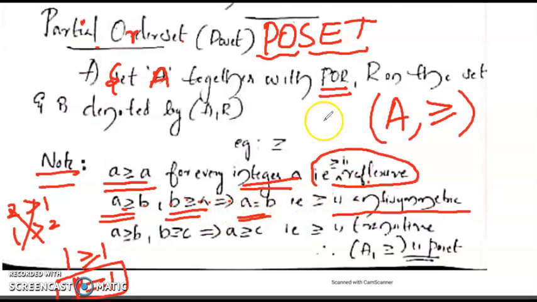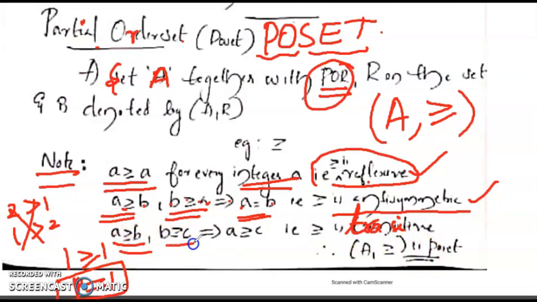So just now we learned poset and partially ordered relation. Partially ordered relation means reflexivity should be true, antisymmetry should be true, meaning a related to b, b related to a means a is equal to b, then transitivity should be true. That means a greater than or equal to b, b greater than or equal to c, then a greater than or equal to c. That is true, right?